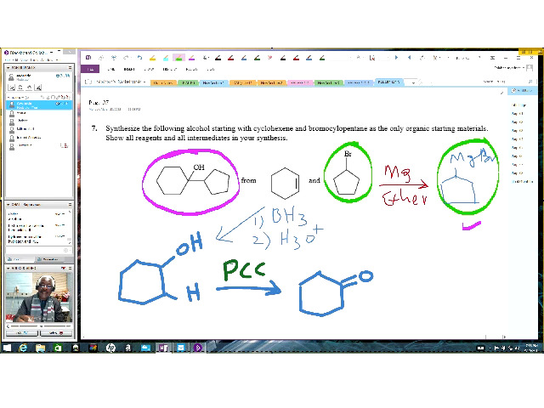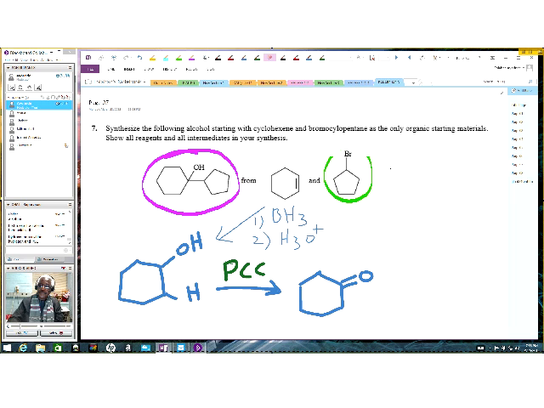Let me just clear all of this so that we make some room. We now take our Grignard and we add the Grignard to this ketone. And that Grignard will be this here.